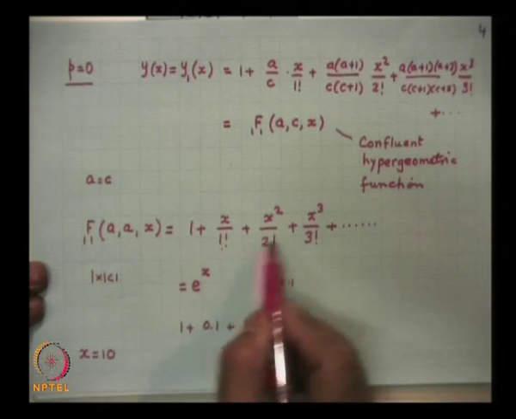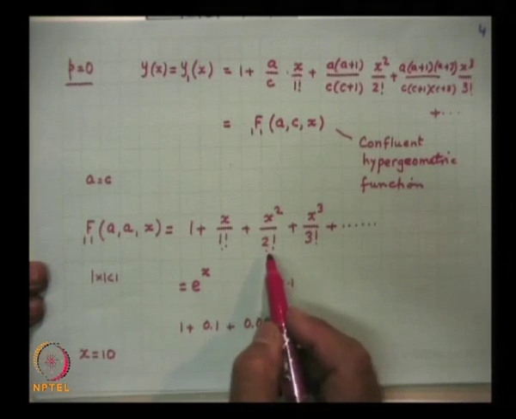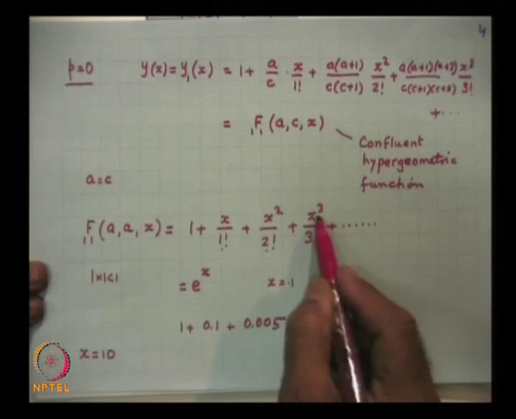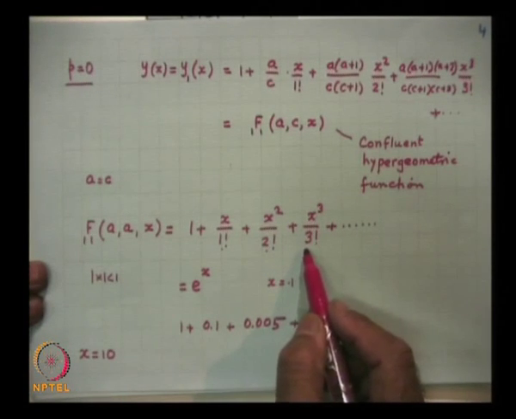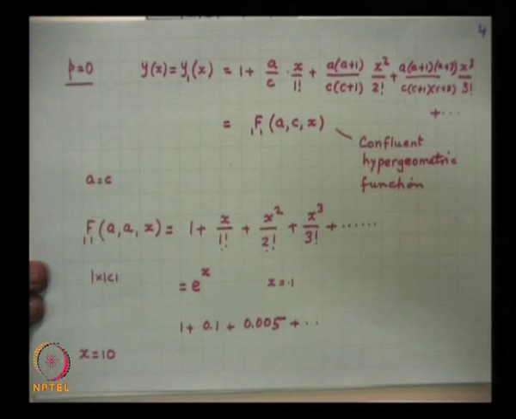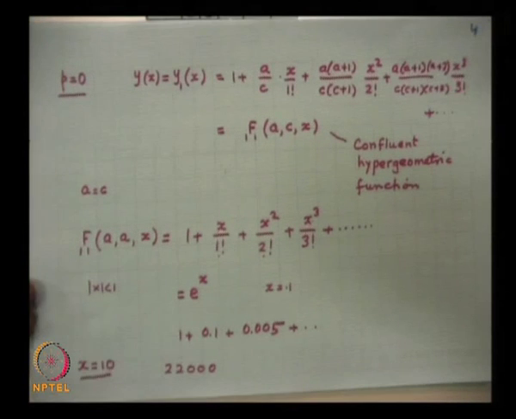First term will be 10, then this will be 100 divided by 2, this is 50, this is 1000 divided by 6, that is about 100 and something. So, even for x equal to 10, it will take a very large number of terms, but this series will converge. And in fact, if you use your calculator, it will be a number which is very close to 22,000, 22,000 plus, 20,050 or something like that.